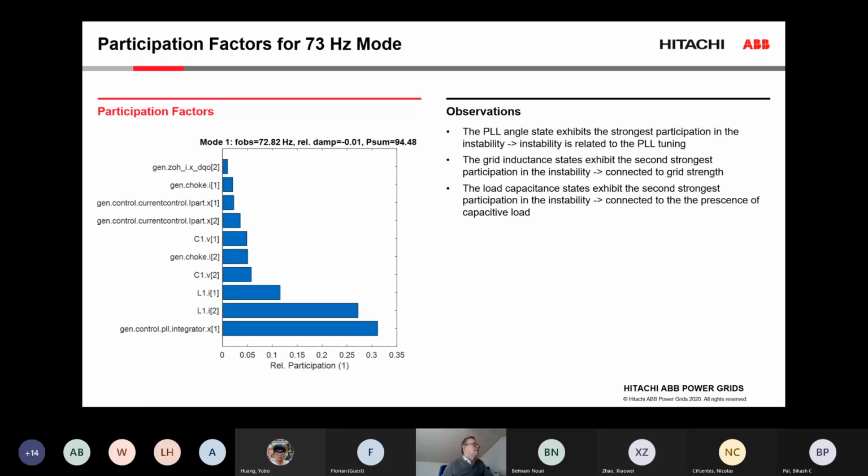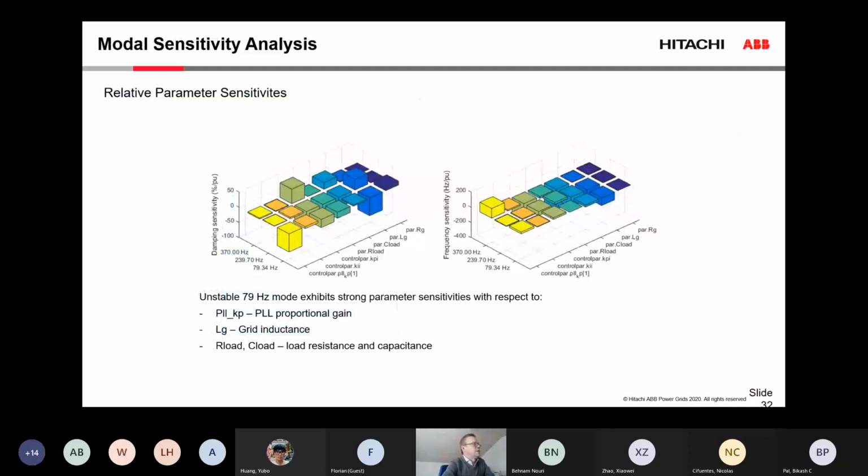And second step here, I also use something I call modal sensitivity analysis. There are actually two ways of getting at it, but the easiest way is just to do repeated linearization and repeated modal decomposition, where you have perturbed your tunable parameters a little bit.